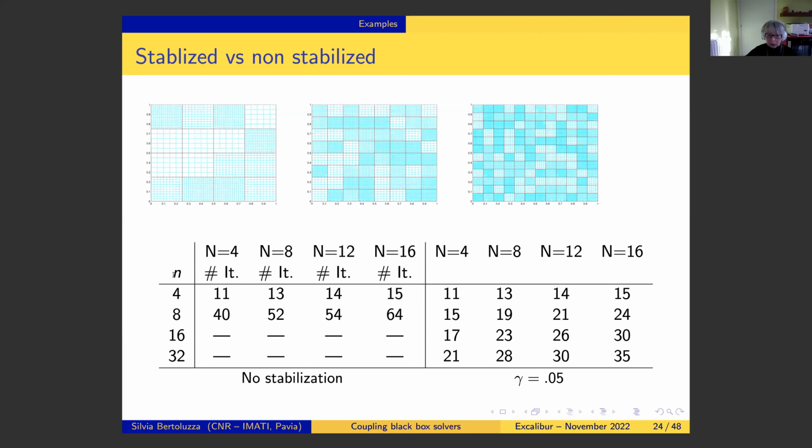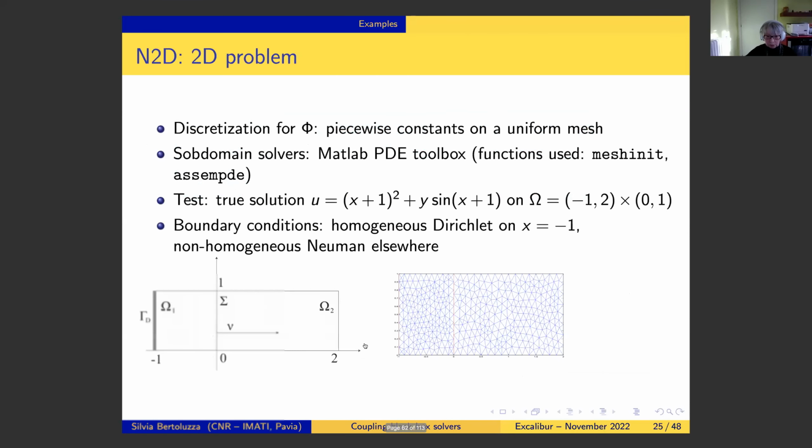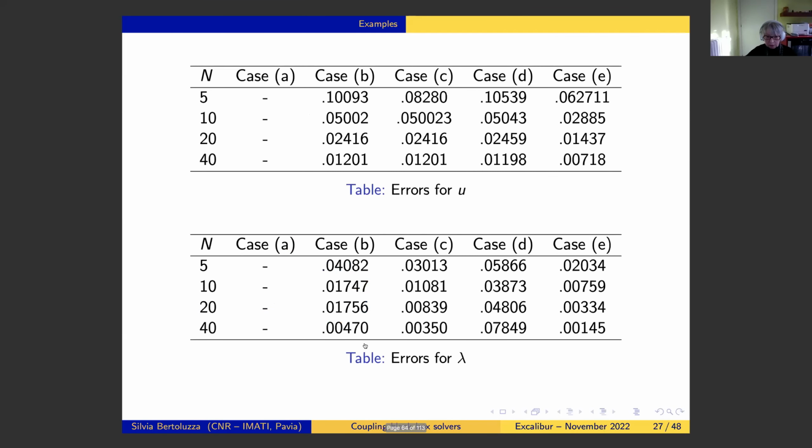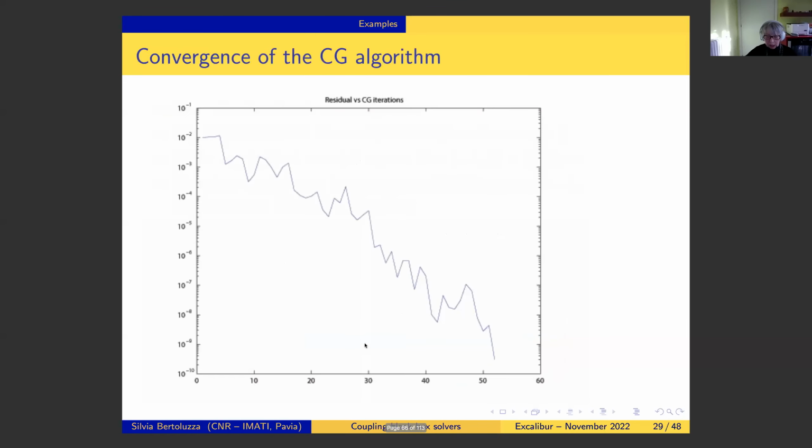So as n increases, the condition for the well-posedness of the method that I had in the abstract formulation is violated more and more. And at a certain point, the iterative procedure doesn't converge anymore. And then you can add stabilization and it converges. Let me skip this because I have very little time.